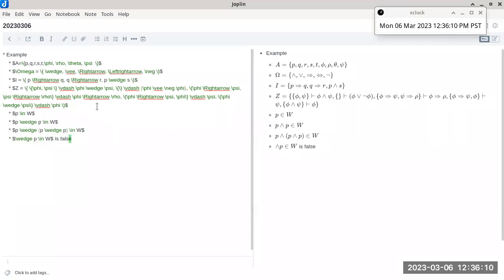As long as the variable is in alpha and the function is in omega, it should be part of W? Oh, it can be a lot more complex than that. I can now say P and Q, the whole thing implies S or T. That's also in W because you just have to break it up, right?